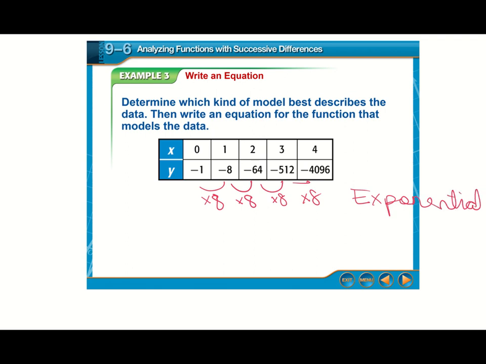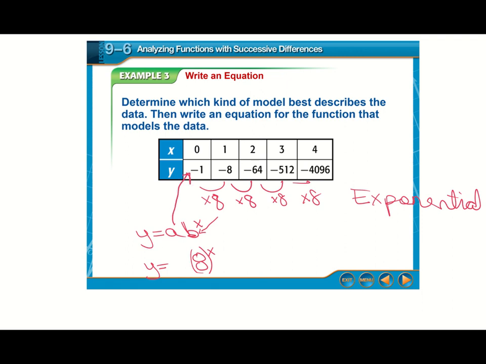Okay. Now, to come up with the equation that best models it, the exponential equation is y equals a times b to the x. B is the number that you're multiplying by each time. So B, in this case, is going to be 8. A is always your y-intercept.